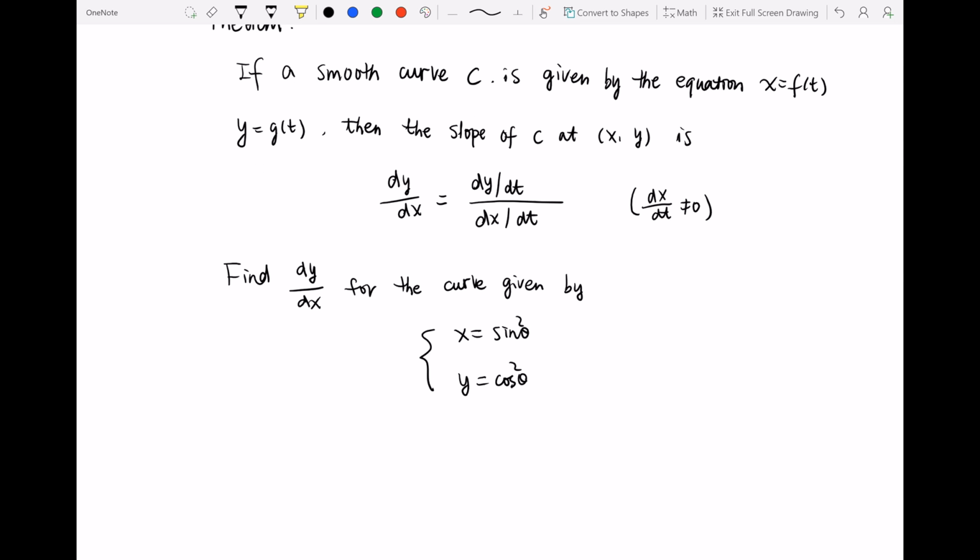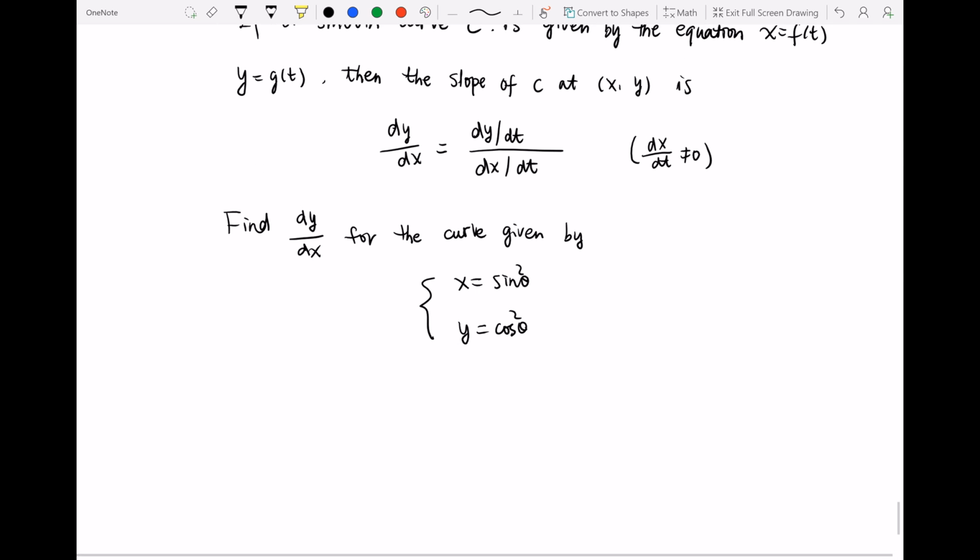Okay, so now I want to find the derivative dy over dx. So this one is dy over d theta divided by dx over d theta. Why is it like that?